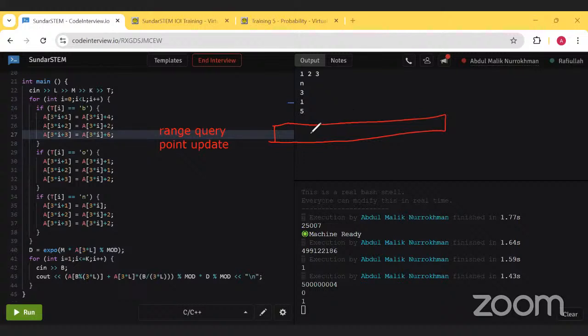We can ask, let's say, what is the sum from L to R, or what is the maximum between them, or let's say what is the maximum x minus y for all x, y between them and so on.